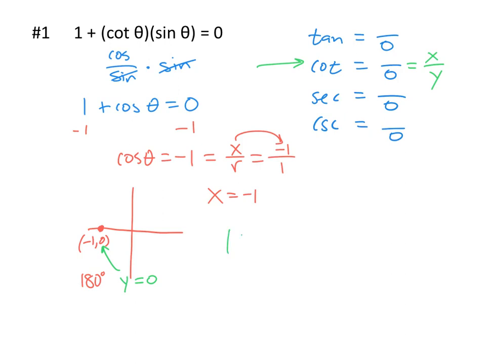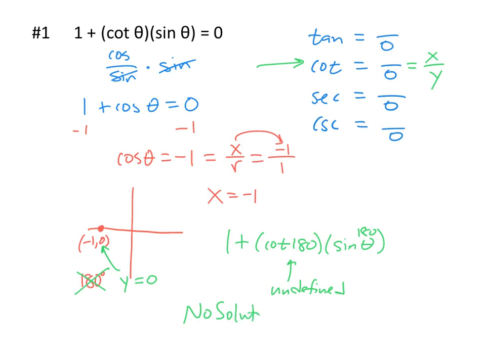So if I plugged into my original equation and did cotangent 180, and it doesn't really matter what's after that, sine of anything, it's 180, but this part doesn't matter, this would be undefined. Since that's undefined, 180 cannot be a solution to my equation, and since it was the only solution, then the answer would be no solution. There's no solution to the original equation we had in this particular problem.